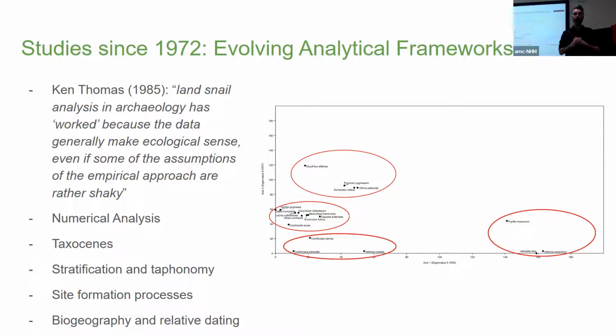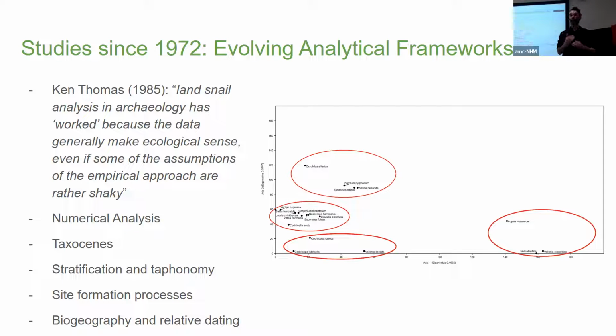One of the problems that was identified by Ken Thomas and by Bojan Lojek in 1990 as well is that over time, snail shell assemblages become time averaged through the action of invertebrates like earthworms, through biological actions. And unpicking that is one of the challenges I think that we face.